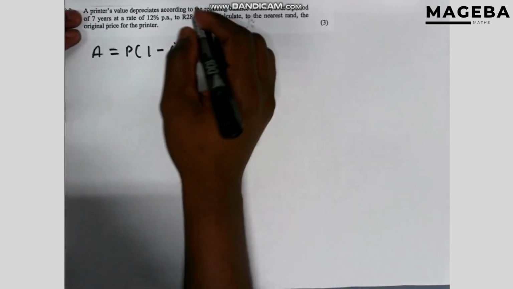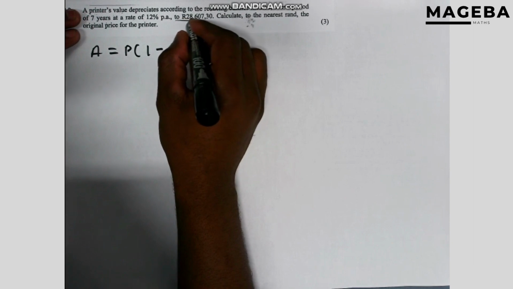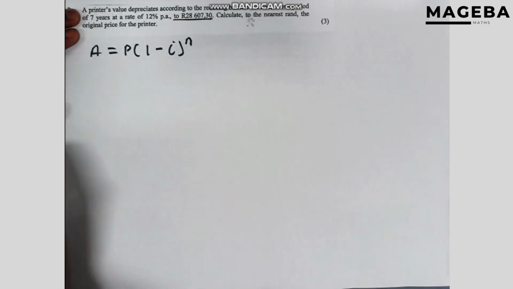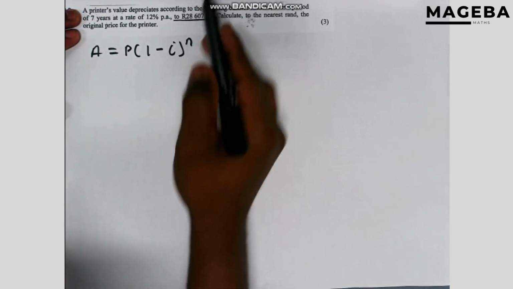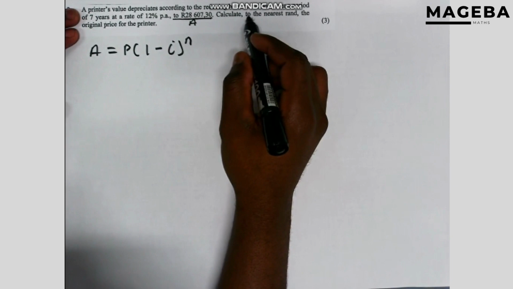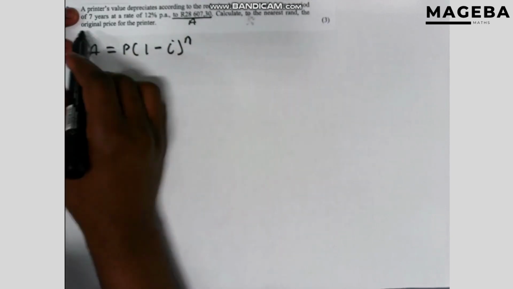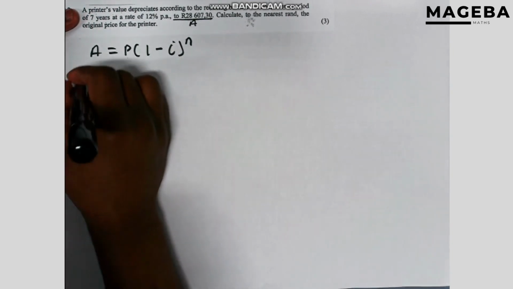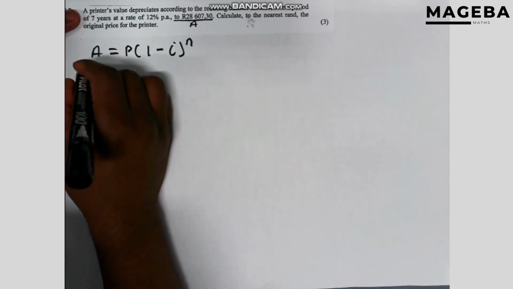So we don't know the original price, but we know it's reducing and it has come to this price. So this is our A value. And calculate the original price of the printer. So what was the original price? The original price is P. So now we can substitute here.